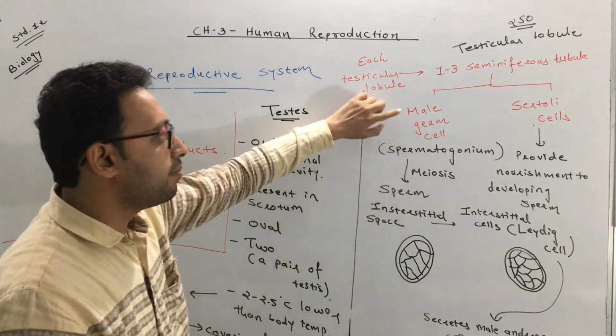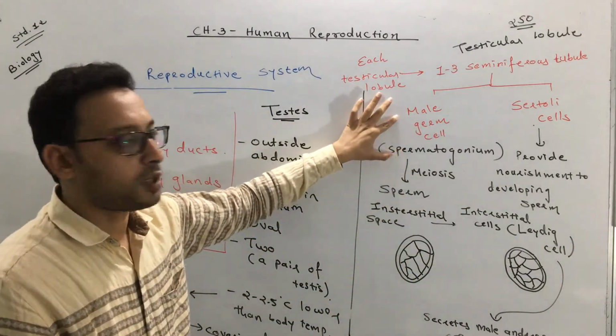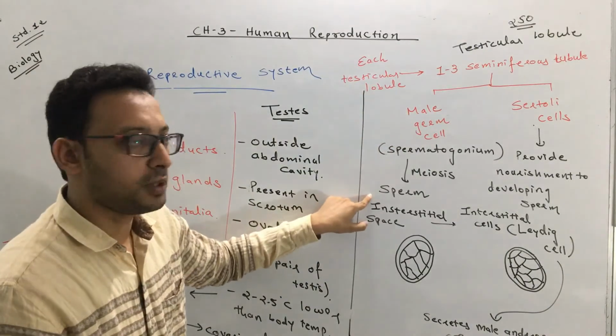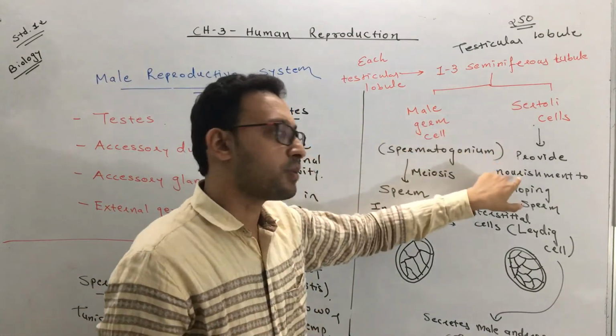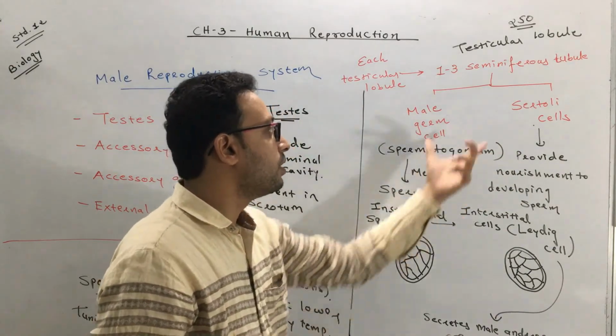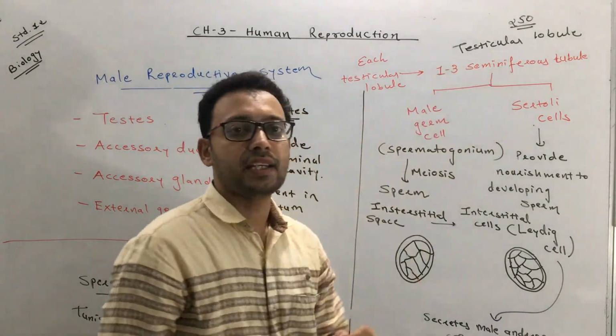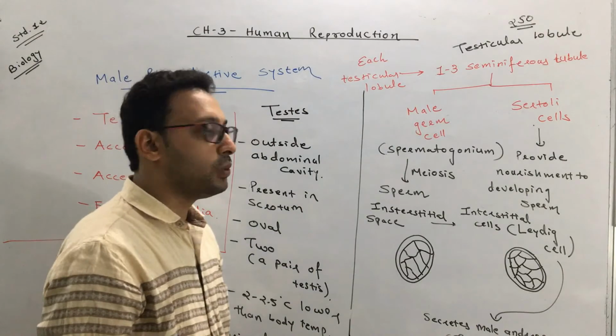So what is the function of the male germ cell? The male germ cell or spermatogonium develops into a sperm. What is the function of the Sertoli cell? The Sertoli cell provides nourishment to a developing sperm. Both are present in the lining or wall of the seminiferous tubule.